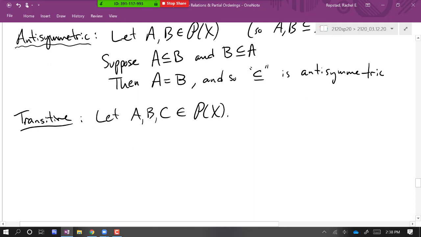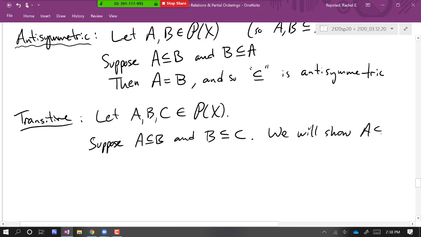Let's suppose A is a subset of B, and B is a subset of C. We're going to show that A is a subset of C. And it's not hard, right? How would you show it?